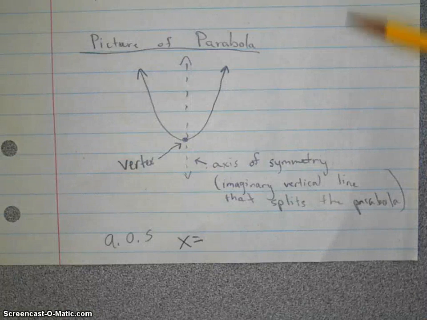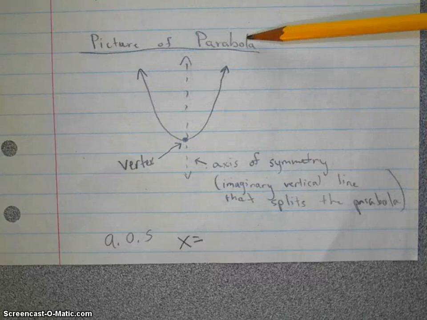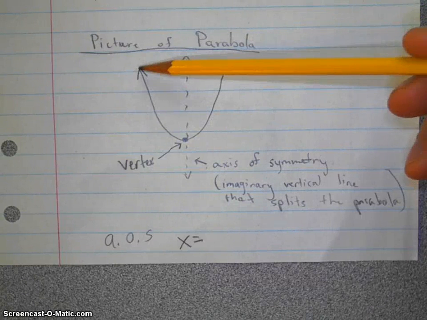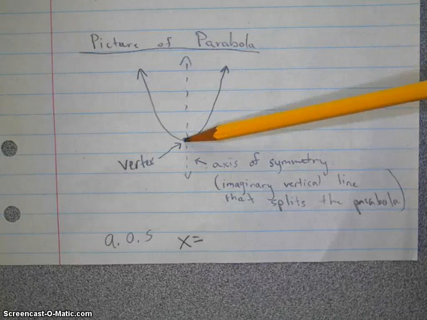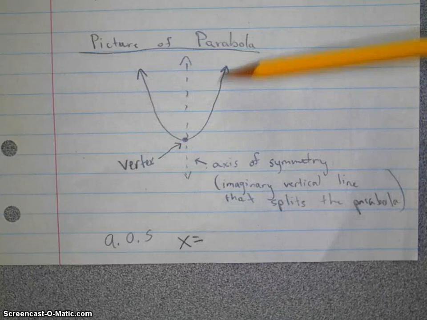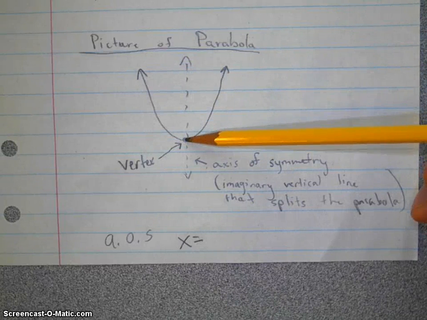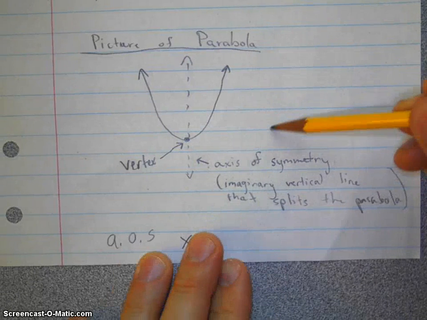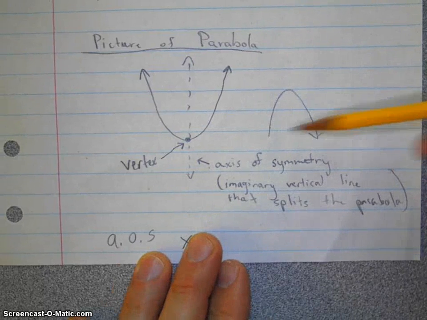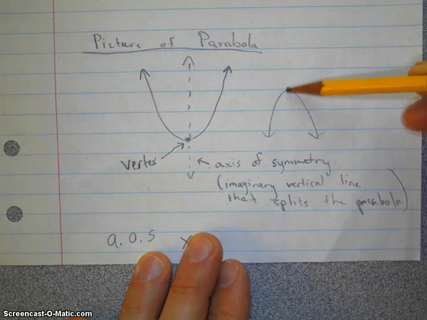The next thing we looked at in the lesson was the picture of the parabola. If you look at the parabola at its lowest point, in this case when a is positive, we call this the vertex. When a is negative, the vertex is located at the top.